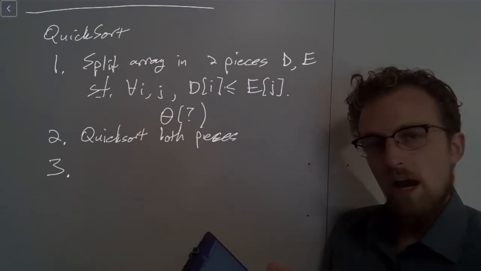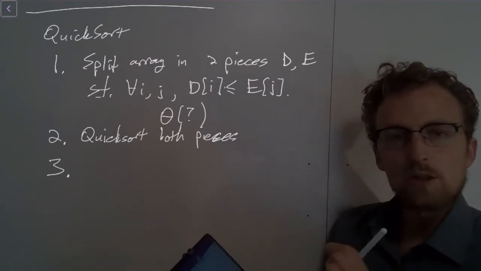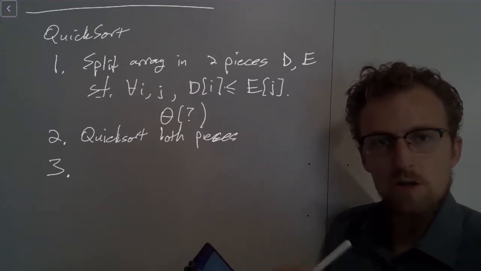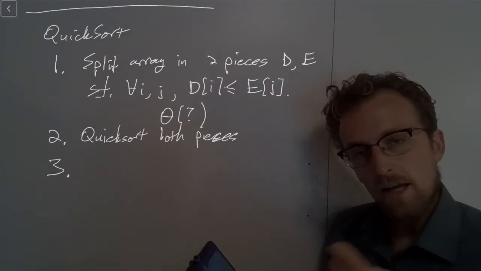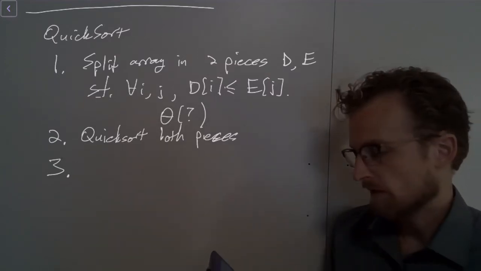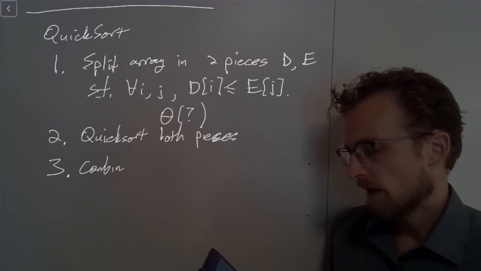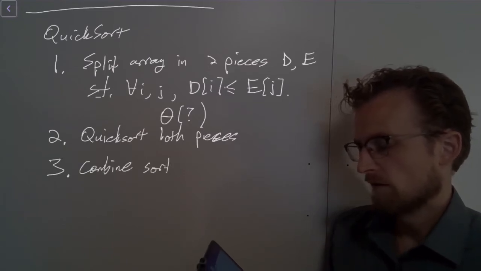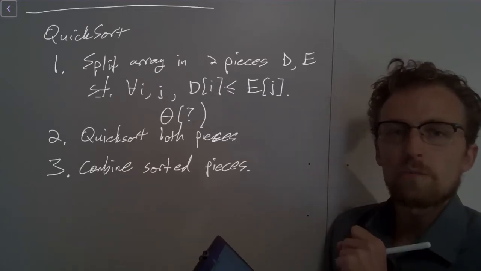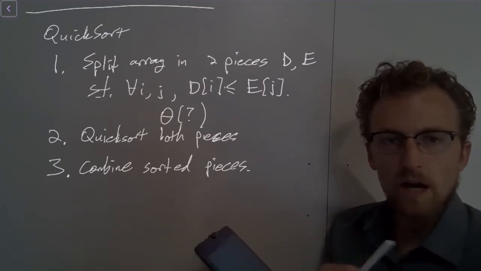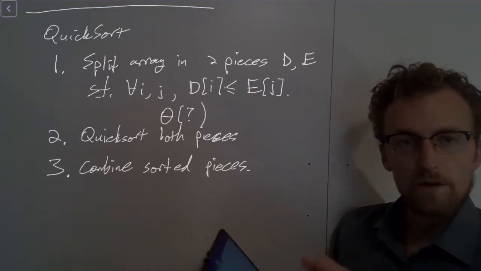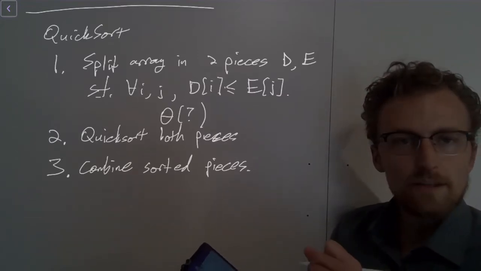Then step 3, we'll recombine the two pieces, if they have been sorted, which is what quicksort ought to do in the recursive piece in step 2. If they have been sorted, then it takes no effort at all to combine them. So we combine sorted pieces without doing anything, either with a bulk copy into an output array, or, if we're able to do this in place, just by leaving them as is.